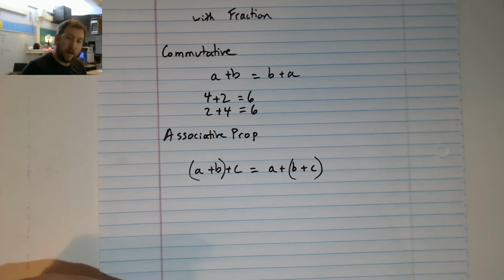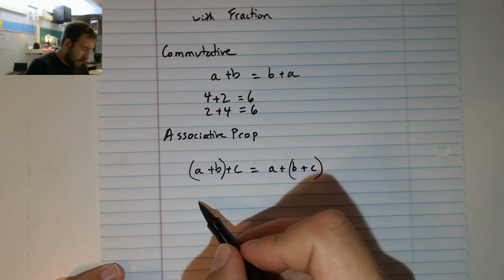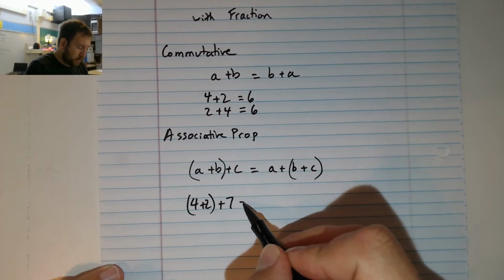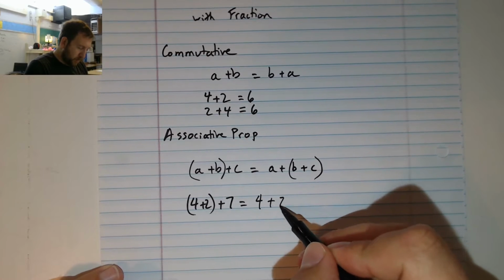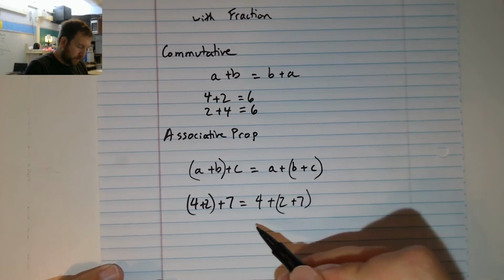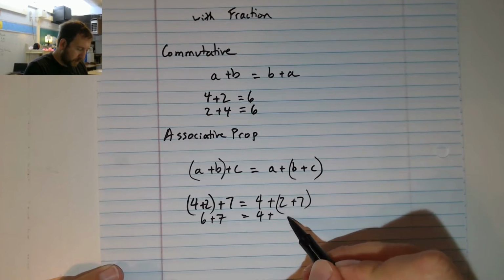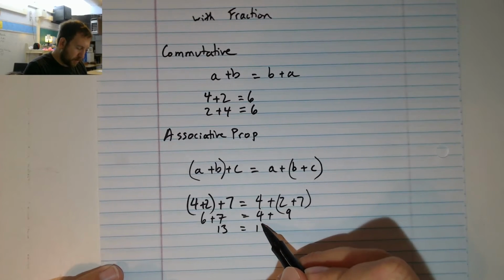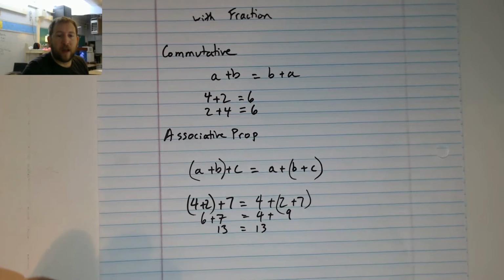I can even remove the parentheses. I can even switch things around. It doesn't matter as long as things are only being added. Take a quick example: 4 plus 2 plus 7 is the same as 4 plus 2 plus 7 grouped differently. If I reduce these, 6 plus 7 equals 4 plus 9. 6 and 7 is 13. 4 and 9 is 13. Unsurprisingly, I hope, it works out and we're all good.